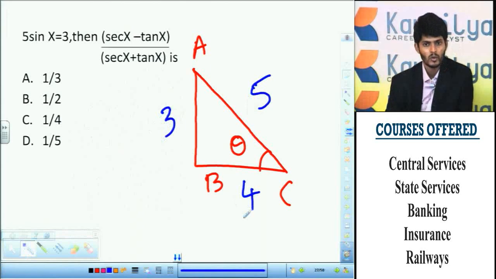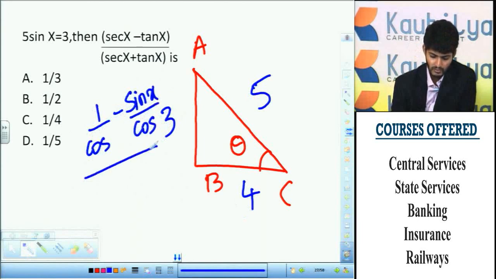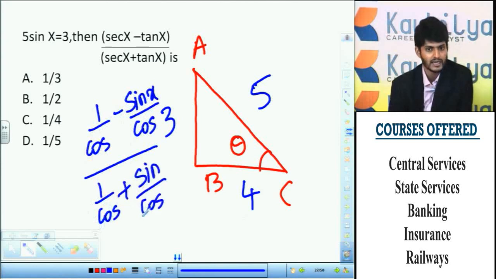Okay, so in the given problem, numerator and denominator, secant minus tan by secant plus tan. Secant is nothing but 1 by cos, tan is nothing but sin by cos, divided by 1 by cos plus sin by cos. So this cos and cos will get cancelled.